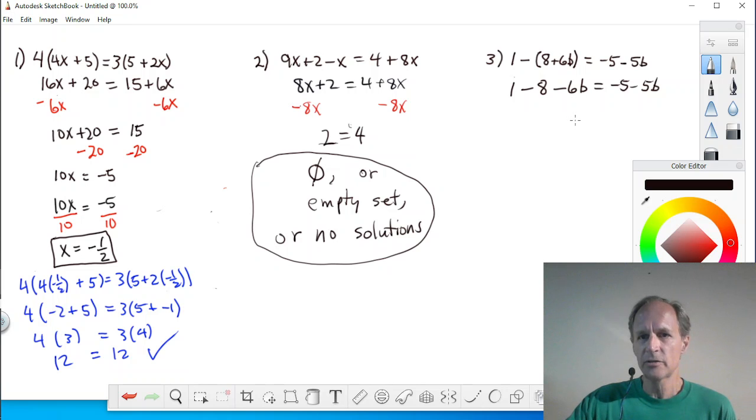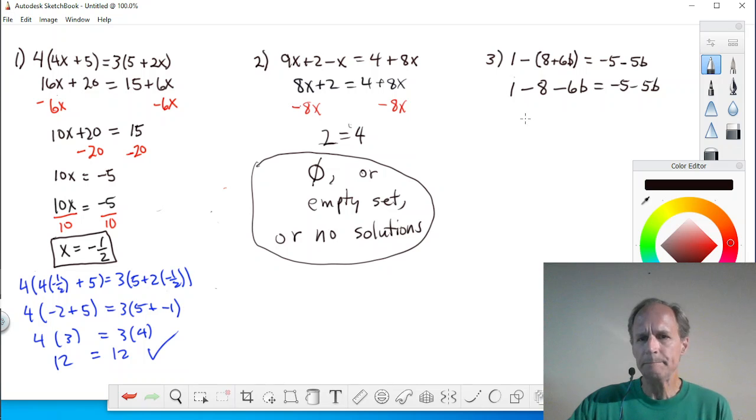Okay, distribute the subtraction sign through. And another way to think of it is that you actually have a negative 1 times what's in parentheses. You would distribute through that negative 1, multiply both terms in the parentheses by negative 1.